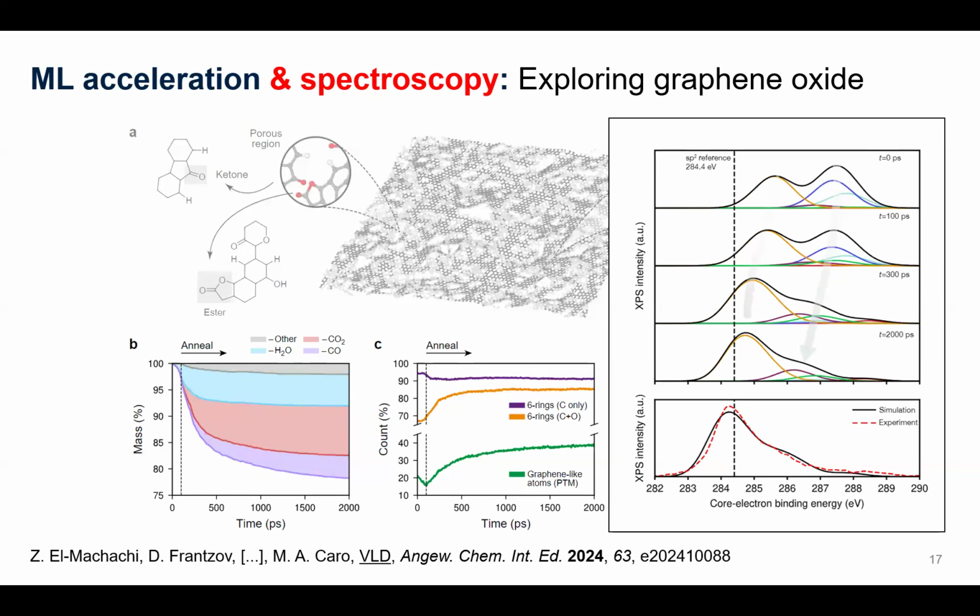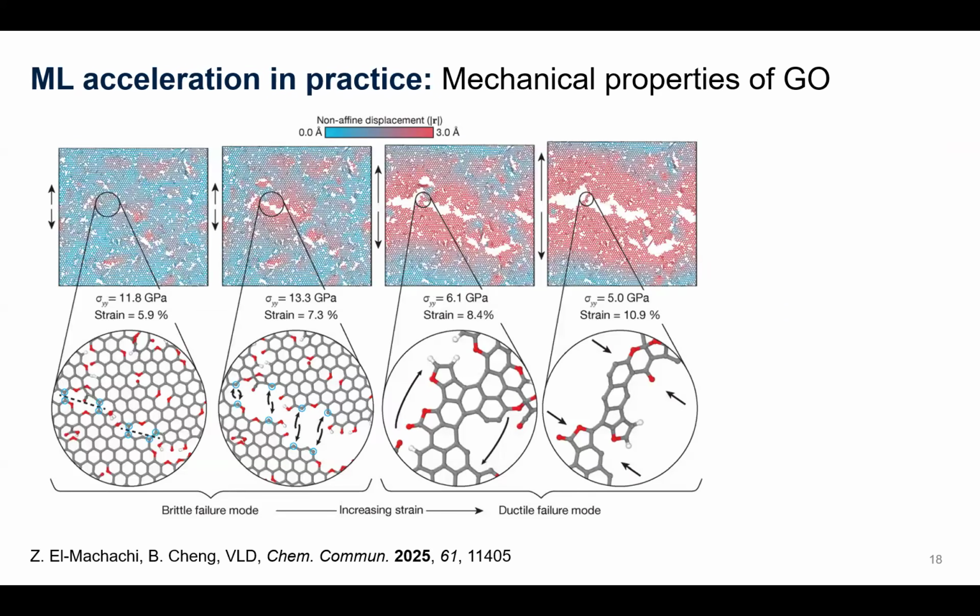It matches experimental data. With that kind of model in hand, once you know it is consistent with experiments, you can go and do various other things. Here's an example of mechanical properties of graphene oxide. We're taking a graphene oxide sheet and putting it under strain. You see here it's being pulled in the direction of the arrows, and you see how over time the sheet breaks.